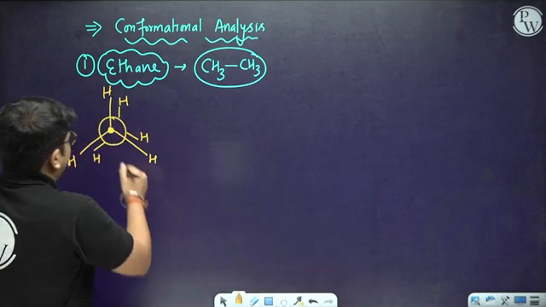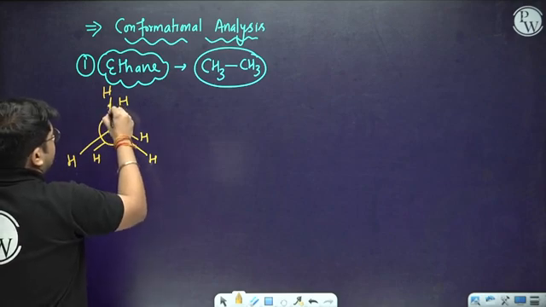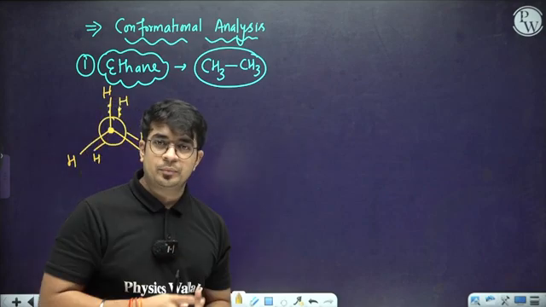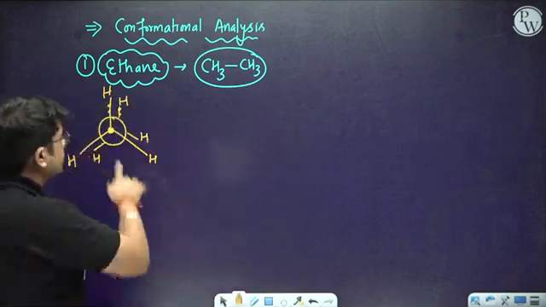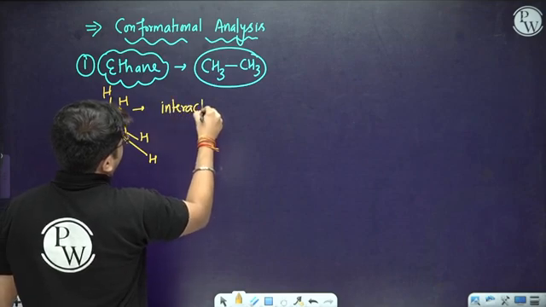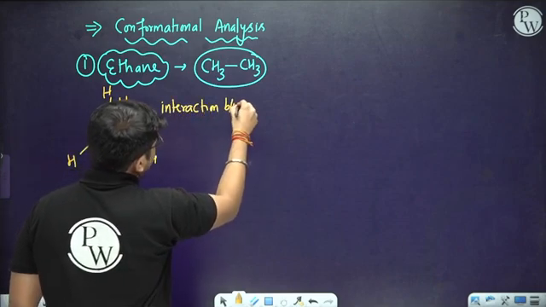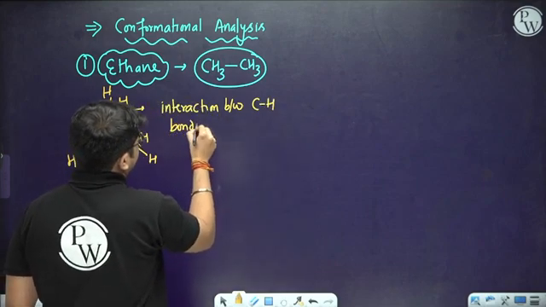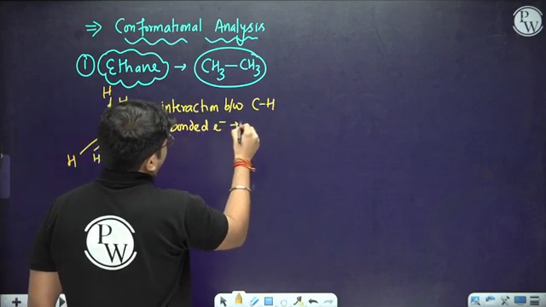So there might be a chance that electron pairs on each part are going to interact with each other. In this case, the interaction between CH bonded electrons is maximum here.